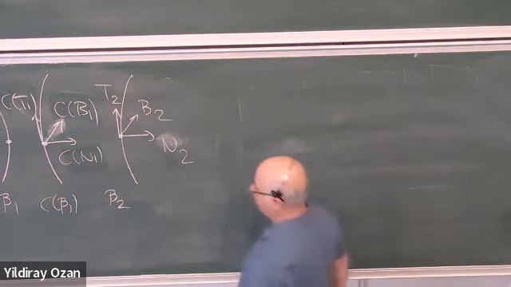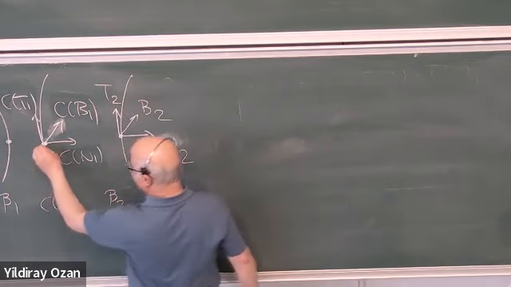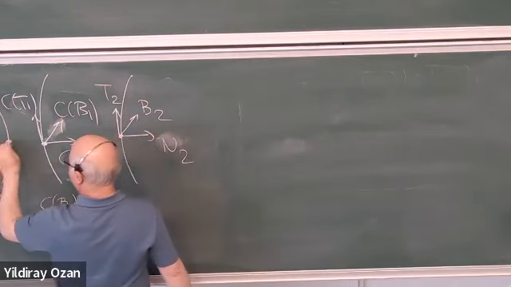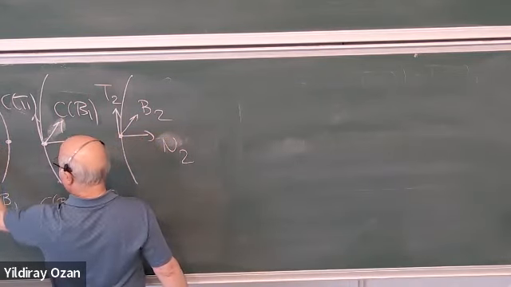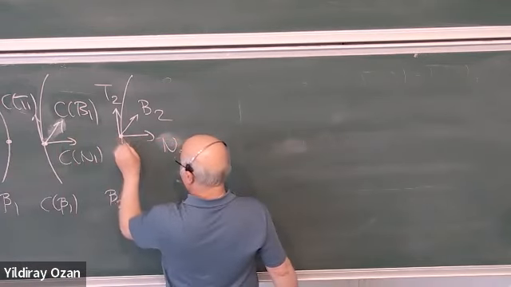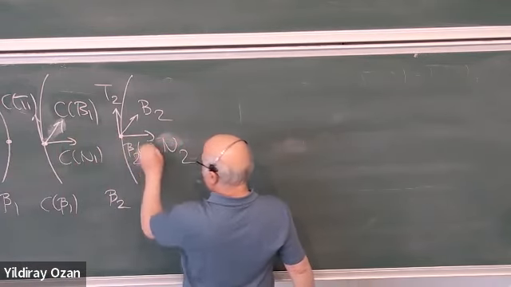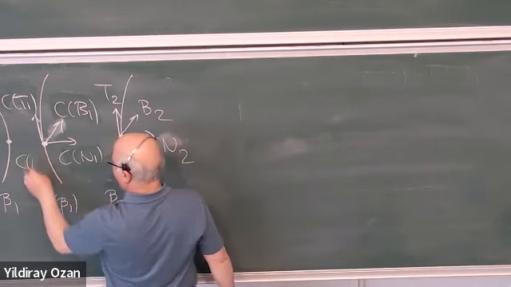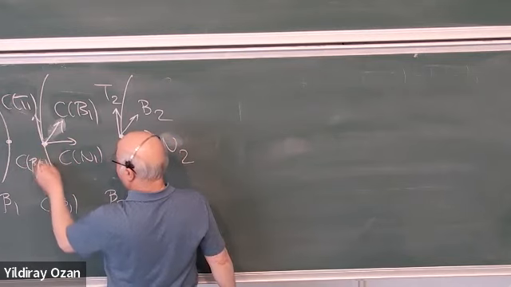At this point, so what is this point? This one was beta 1 of S0. This is beta 2 of S0. What about this point? This point is C of beta 1 of S0, right?